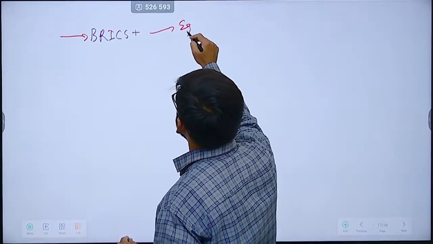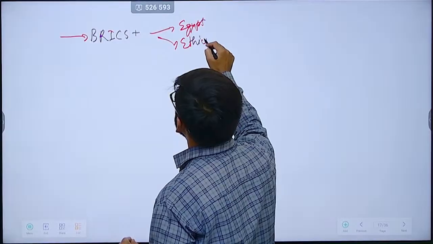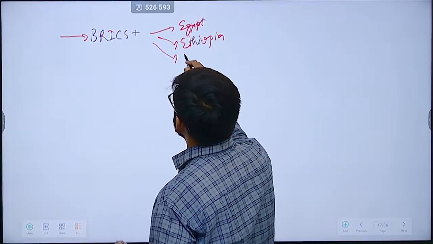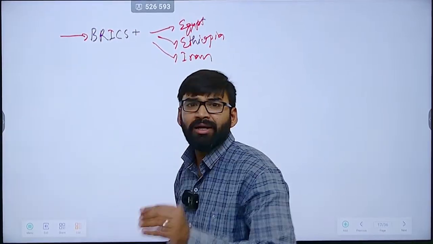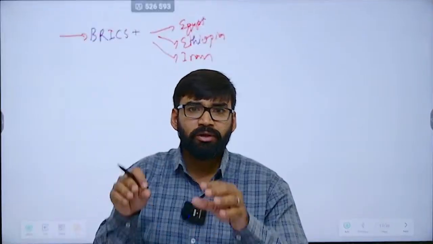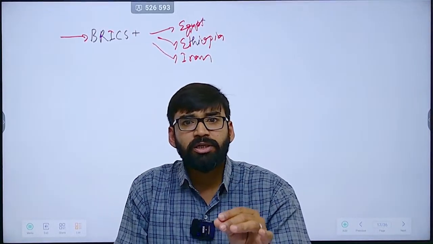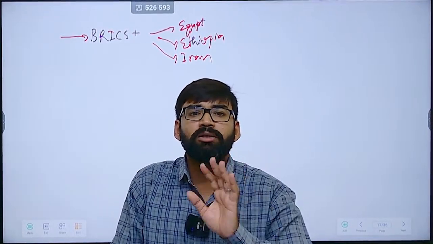Like Egypt, Ethiopia, Iran, and other members, UAE. So now BRICS actually represents over 40% of world population and roughly a third of global GDP.